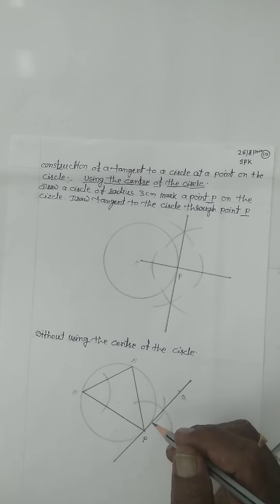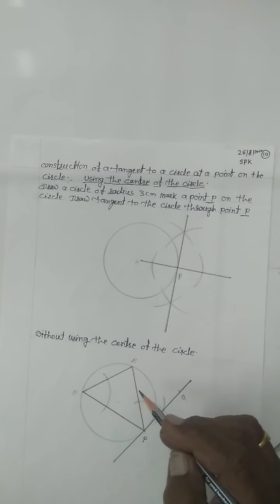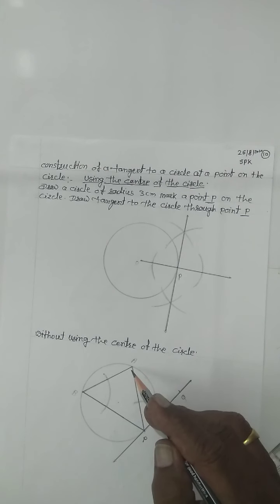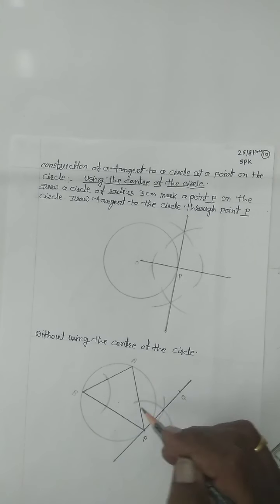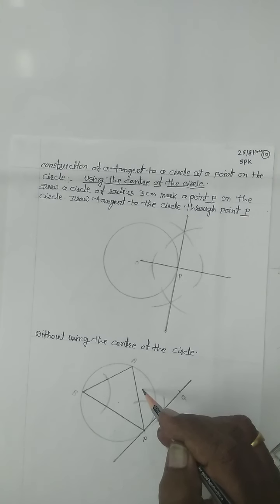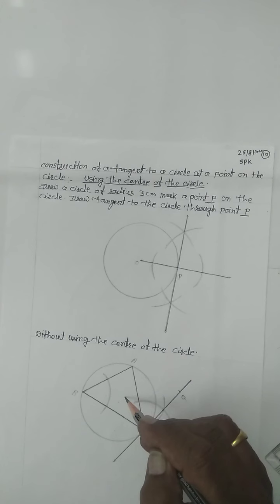Then draw any angle in the alternate segment. Because of this chord, the circle is divided into two parts. This is one part and this is the second part.